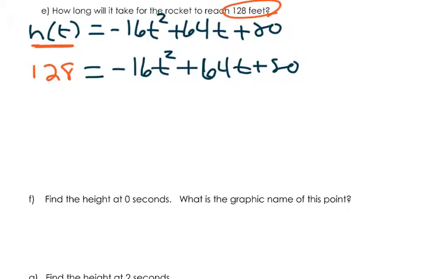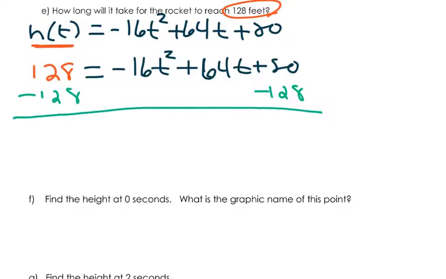So in order to do that, I'm solving the quadratic. And we know the first step is that our quadratic has to be equal to 0. So I'm going to subtract 128 from both sides. And here they'll cross out.